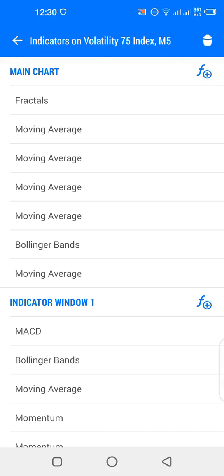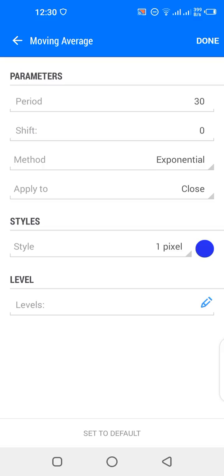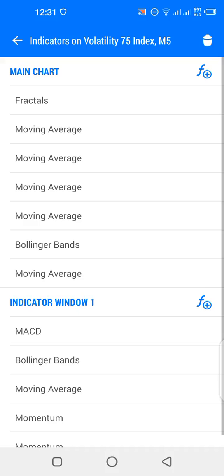Now the next indicator is moving average. I have a 30 period exponential moving average and it's applied to close. The color is blue. Then I have 7 period simple moving average applied to close and the color is red.